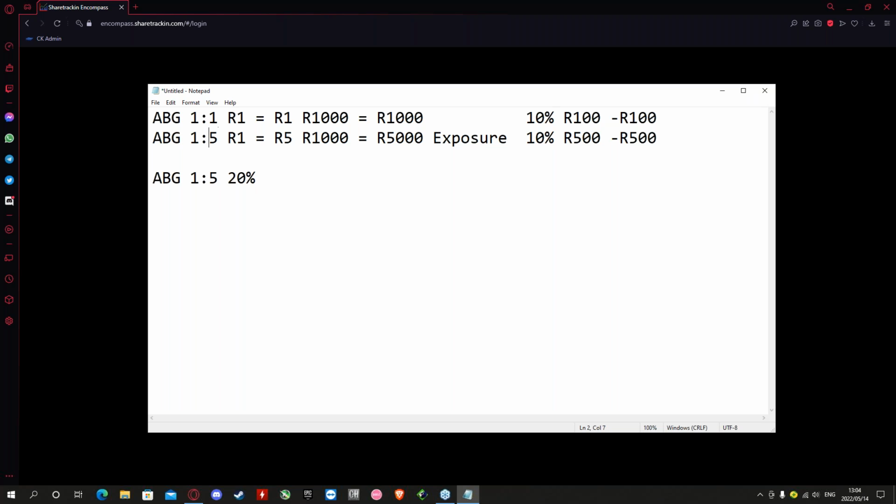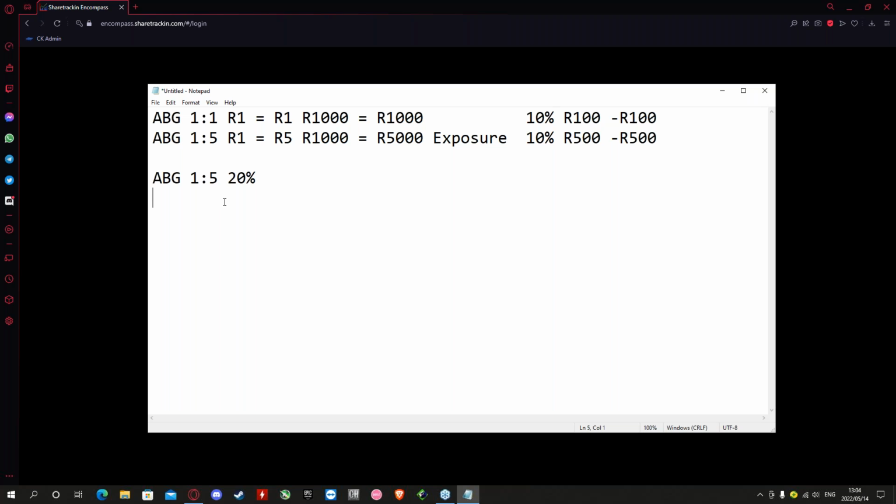And the higher that goes, so let's say it is a 1-to-2 ratio, then it means that you're paying half of the price. If it's a 1-to-3 ratio, then you would be paying 33.33% of the price. If it's a 1-to-4, obviously a little bit higher, like 25%, and it's going to go lower, down to 20% on a 1-to-5.